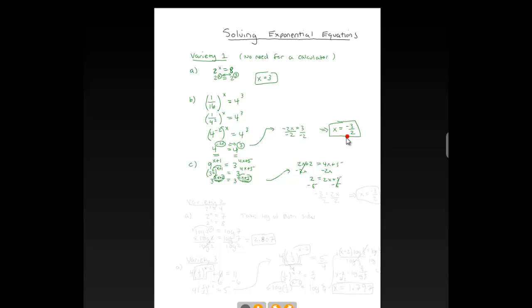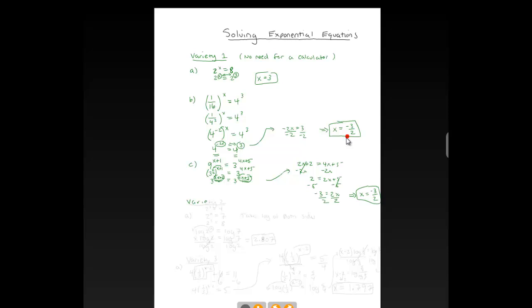And we get x equals negative 3 halves. That's a complete coincidence when compared to the last problem. Okay, so there's variety 1.